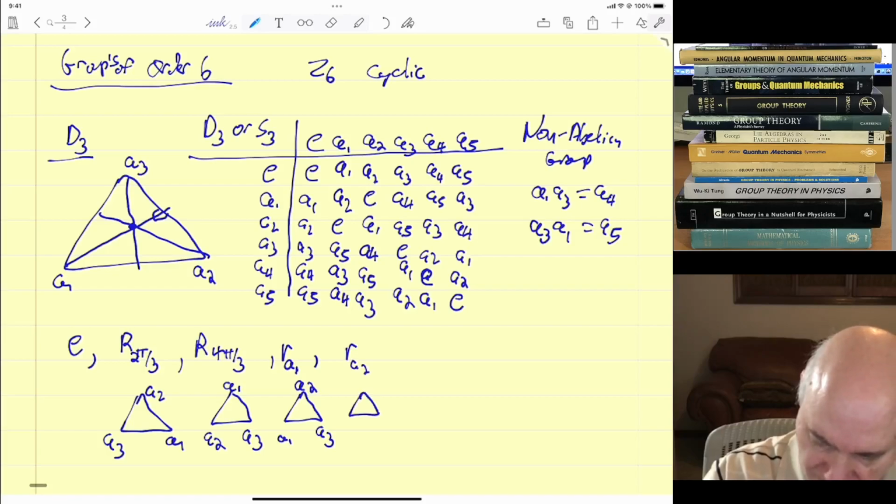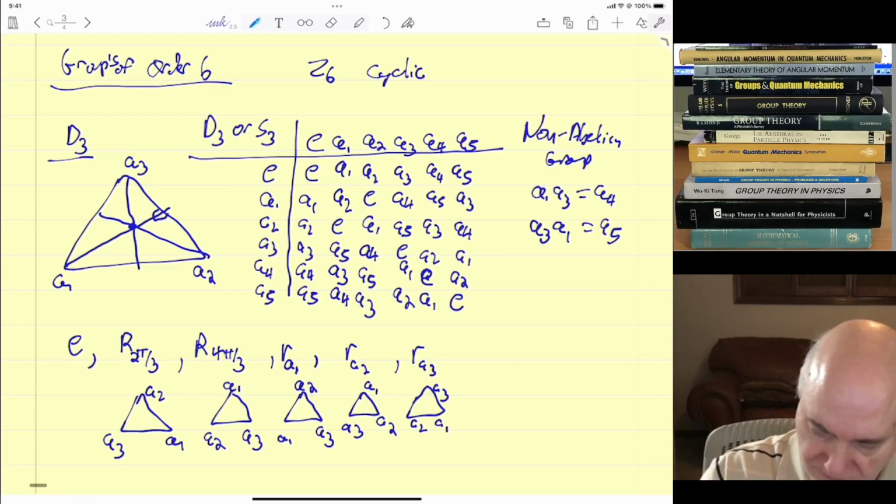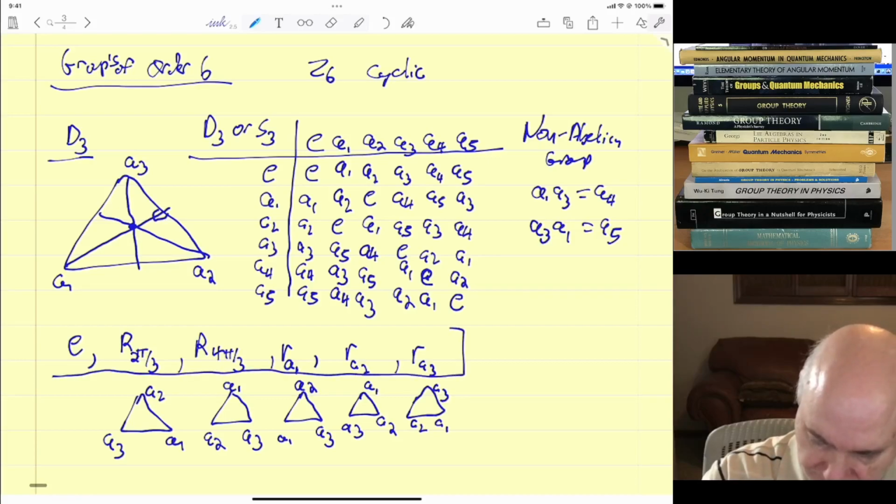That gives me a triangle where A2 stays the same, this becomes A1 and this becomes A3. Or I can reflect about A3. And then I have A2, A1, and A3. So these are the 6 elements of the group.